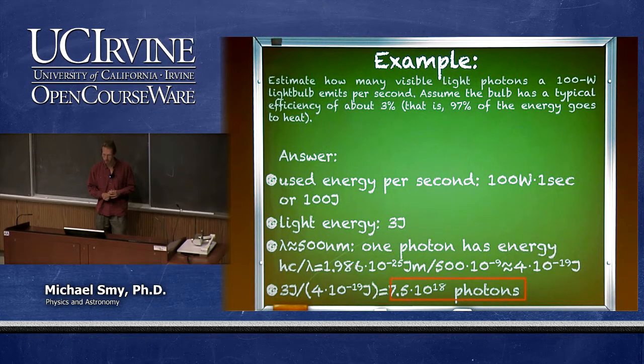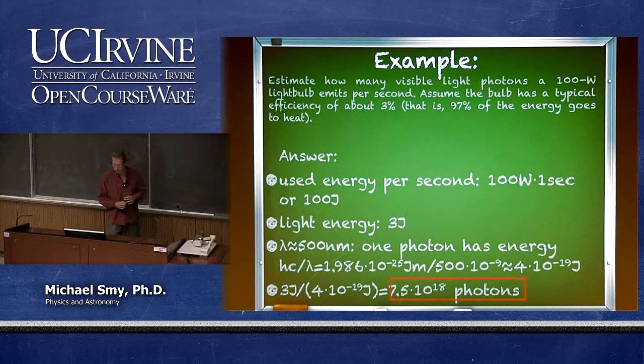And for that calculation, we assume that the bulb has an efficiency of about 3%, meaning that 97% of the energy goes into heat radiation, just as we learned with the blackbody radiation, and only 3% goes into visible light. And we will also assume some average wavelength of 500 nanometers.